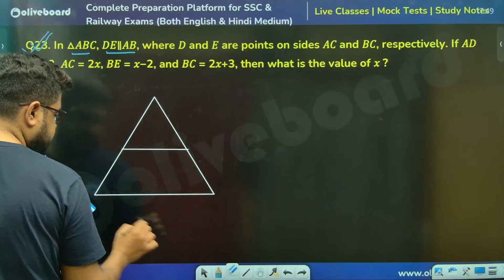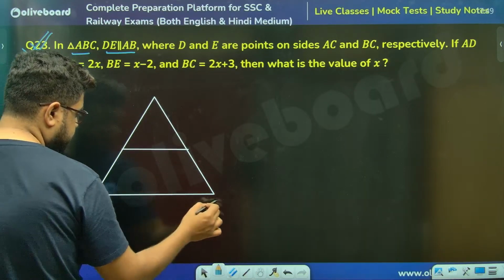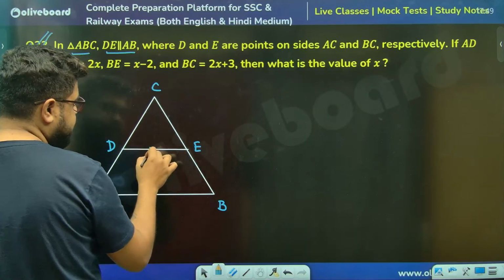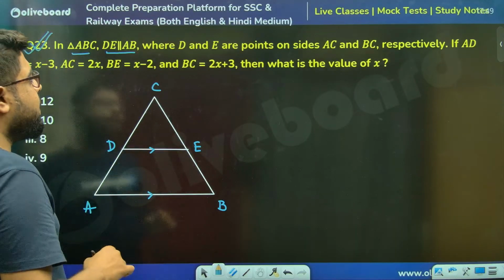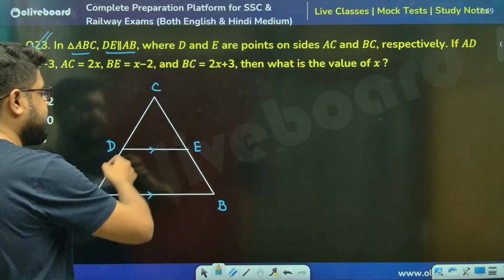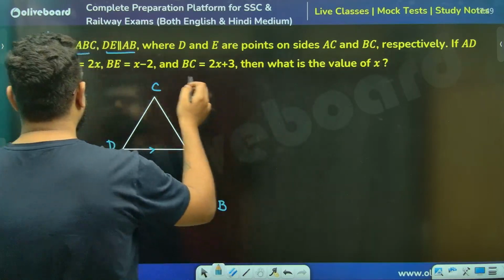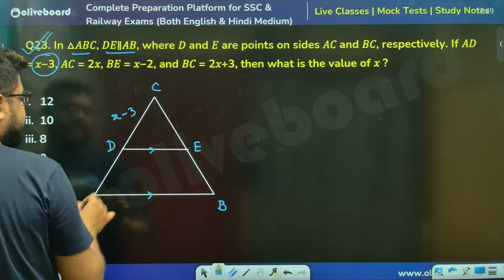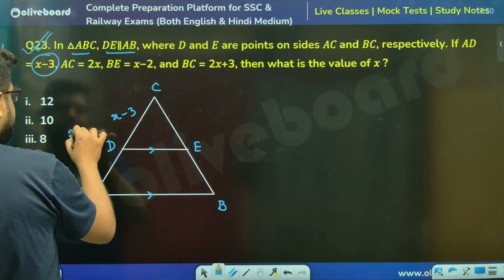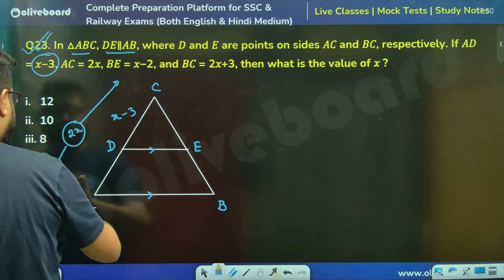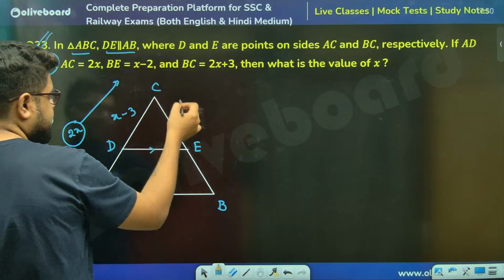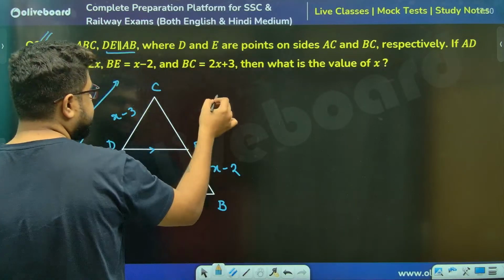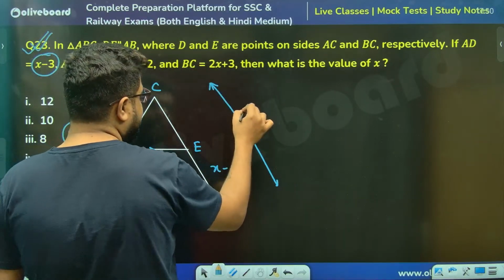Let's keep this AB. So DE is parallel to AB, with D and E on AC and BC respectively. If AD is x minus 3, AC is 2x, the total. AE is x minus 2, and BC, the total, is 2x plus 3.